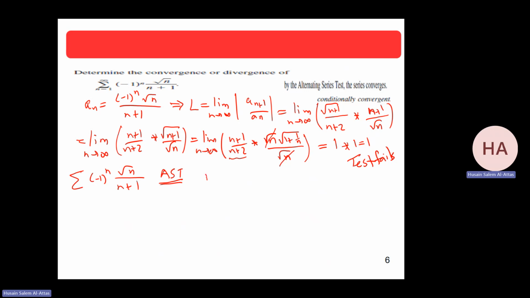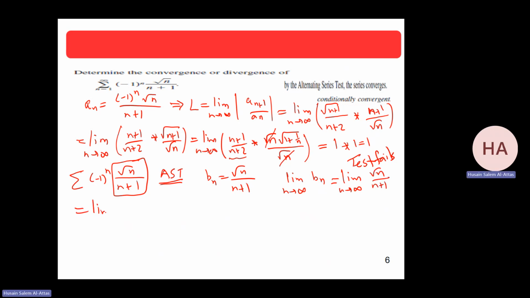I need to show what? First, take this and call it b_n. It's positive. So I need to check the limit of b_n as n goes to infinity. It's clearly 0, but let me do it in detail.